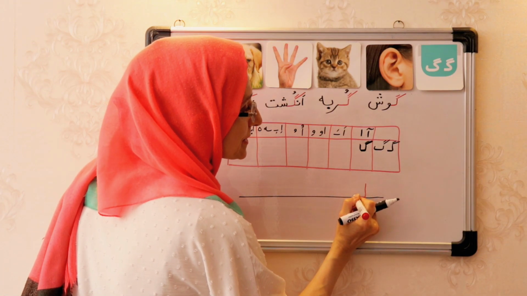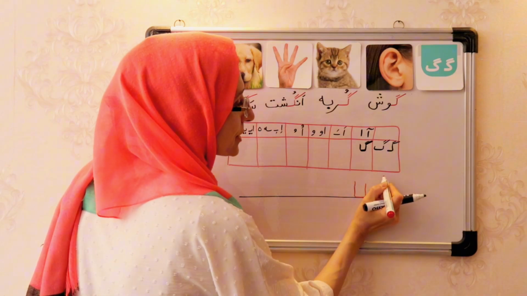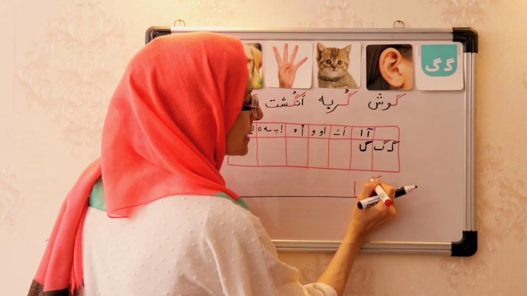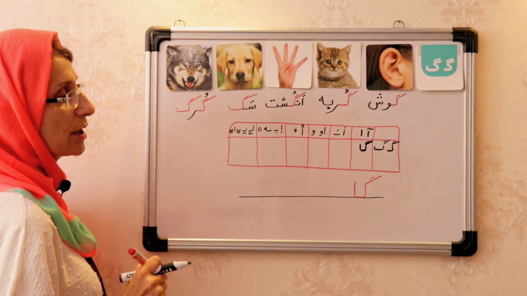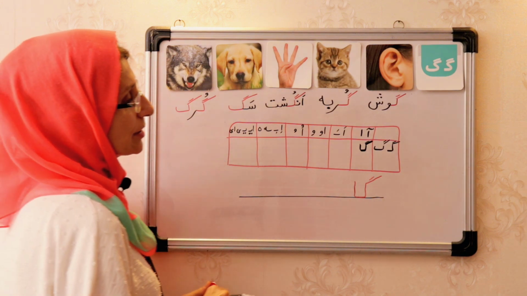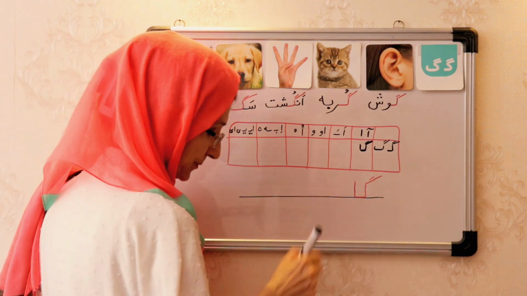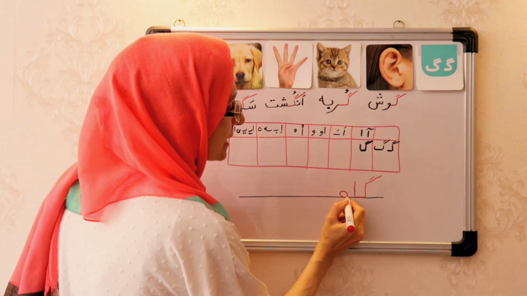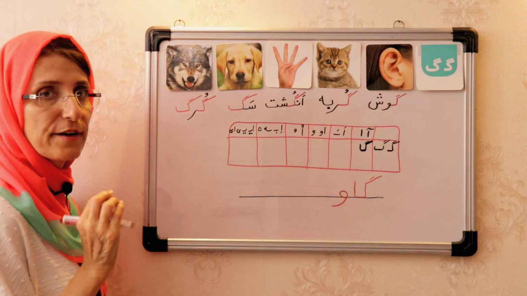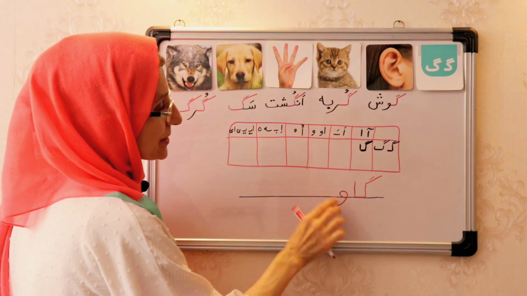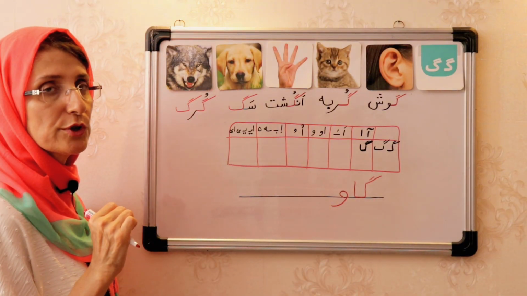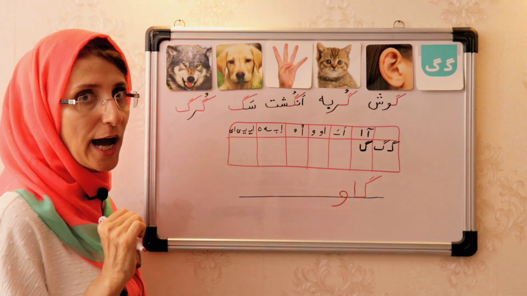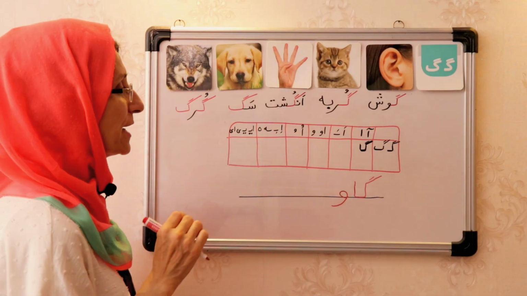First we write this, then we go up and write A, then the lines for ga. In Persian, we have the word gav. That you haven't learned this yet, but I write the whole word for you. Gav is cow.